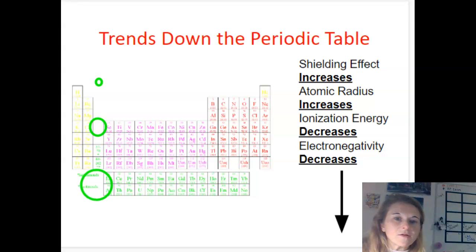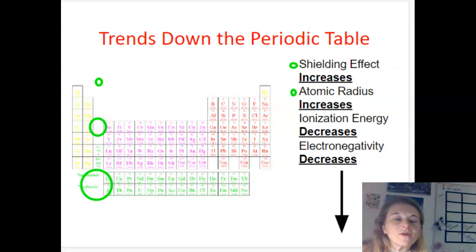And put our little key here so we know green means atomic radius. We can also use green for shielding effect because the two go together. As we're adding those electrons at further out energy levels, we're increasing that shielding effect. And this is where you get the snowman, like people picture a snowman for the radius.